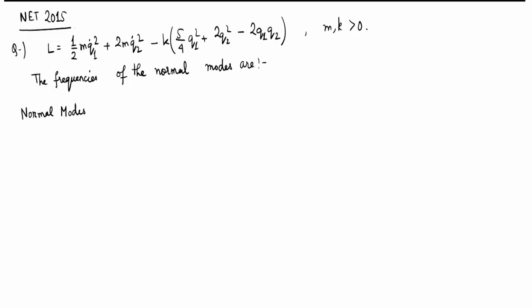This you can well find in Goldstein's book, Normal Modes of Small Oscillations. So let's say you are given a solid or an n-body system joined by springs.